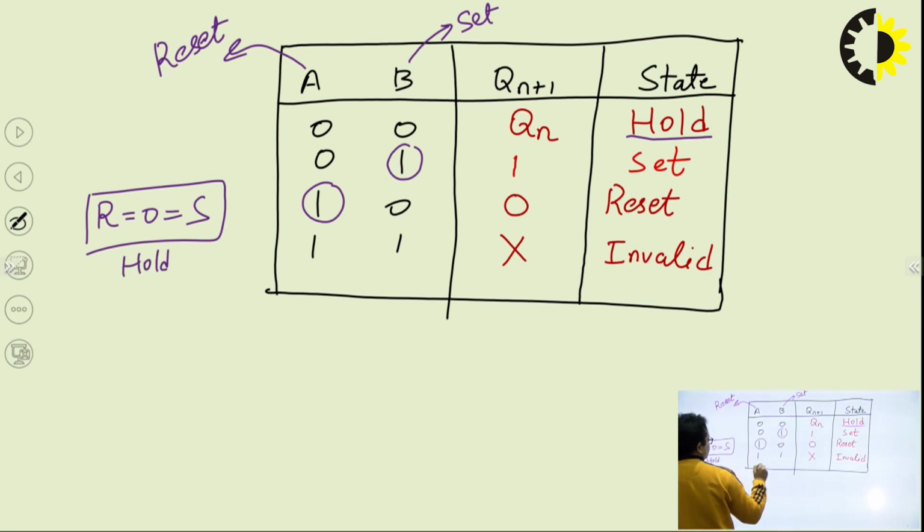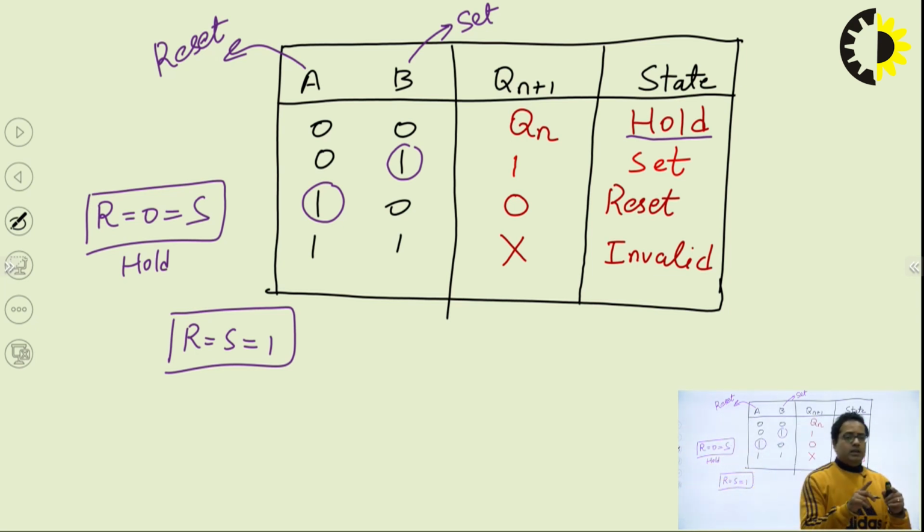Similarly for the invalid state, we know that R equals S equals 1. Your R is reset and your S is set. If you are giving both the input terminals a value of 1, you are at the same time telling the latch to enter into a reset state as well as enter into a set state. Is it possible? Totally not possible. We cannot force the latch at the same time to behave in a different manner.